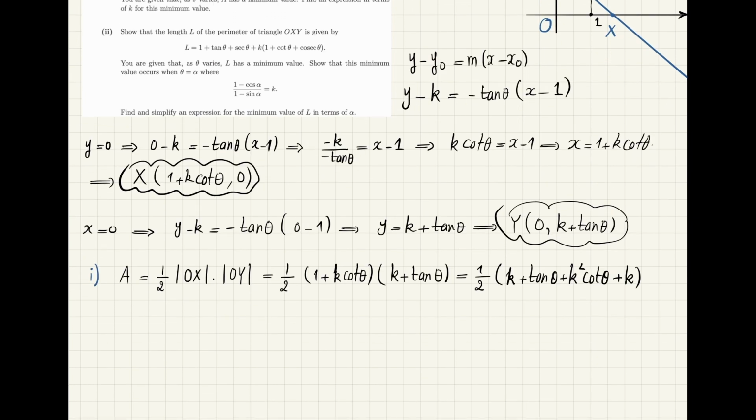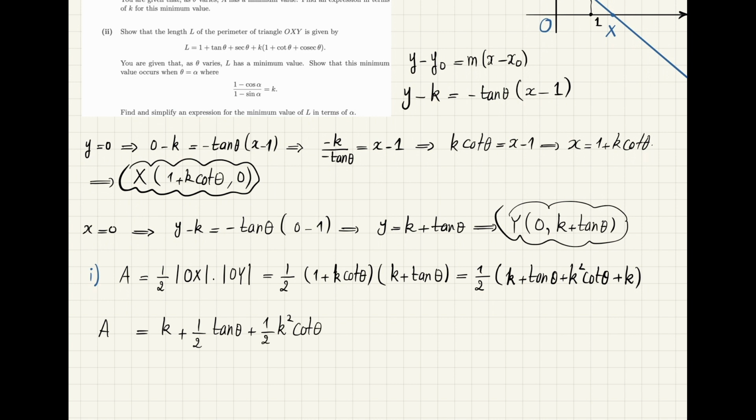So what I get is A equals k plus 1 over 2 tangent of theta plus 1 over 2 k squared cotangent of theta. Yes, and now you see that the letters involved are k and theta, but k is a fixed value, so this is a function of only theta.